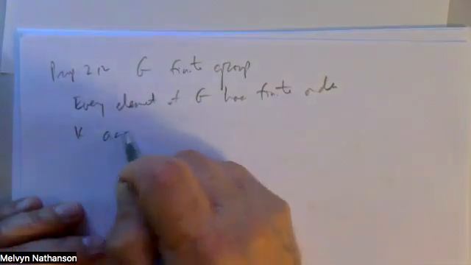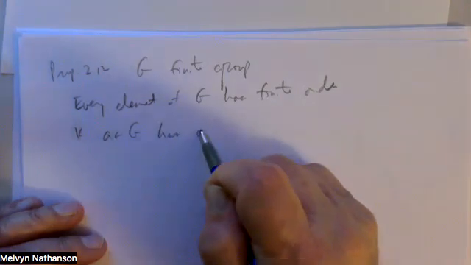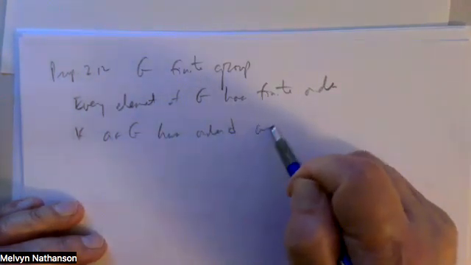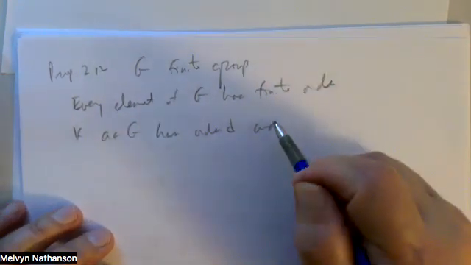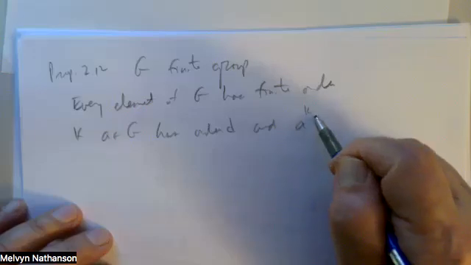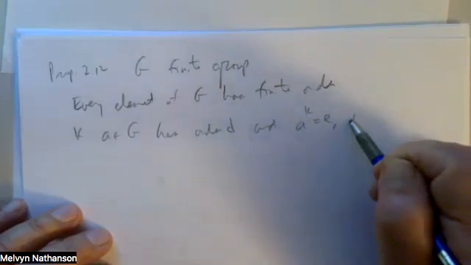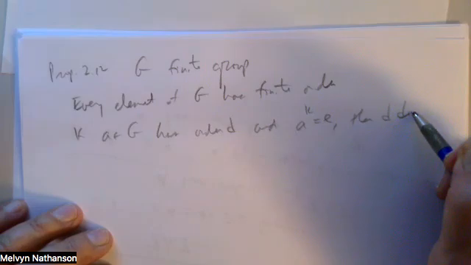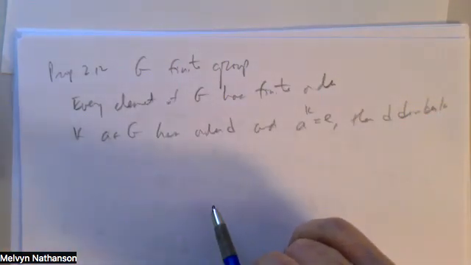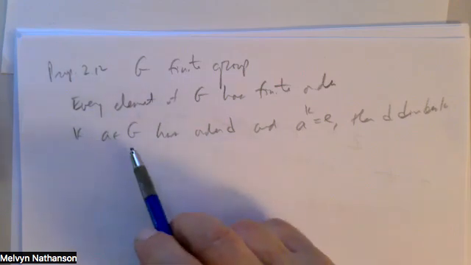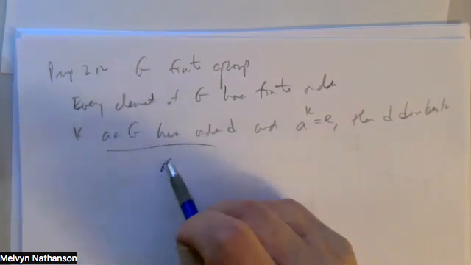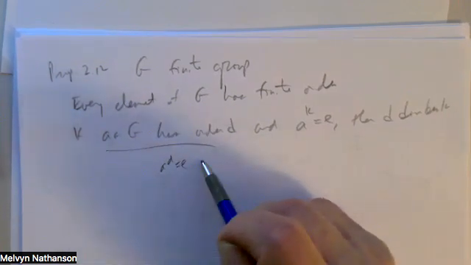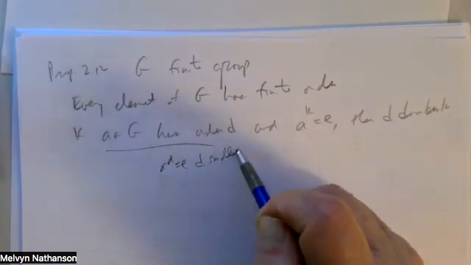If A in G has order D, and A to the K is the identity, then D divides K. And what does it mean to say A has order D? This means that A to the D is the identity, and D is the smallest integer with this property.